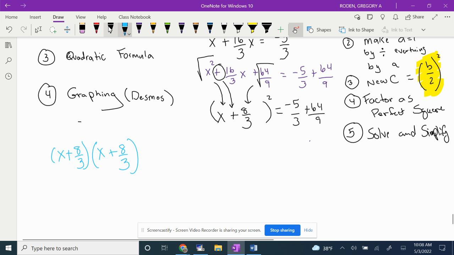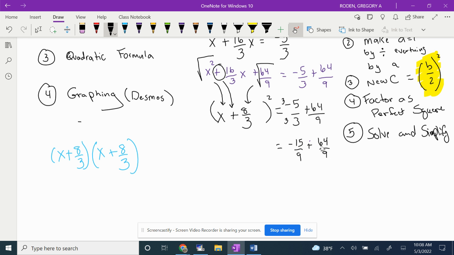Now, here's the deal. Let's get a common denominator. What's the common denominator between 3 and 9? 9. So all we have to do is multiply this top and bottom by 3. You guys see that? So this is going to be negative 15 ninths plus 64 ninths. Okay?